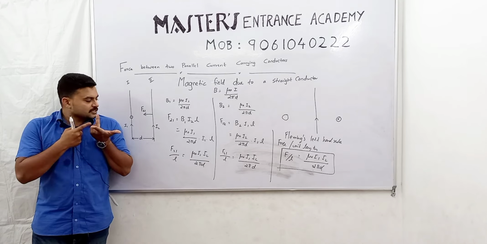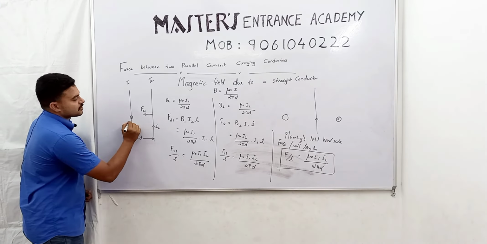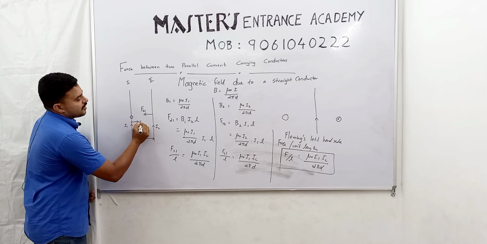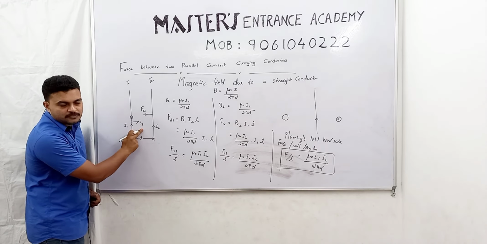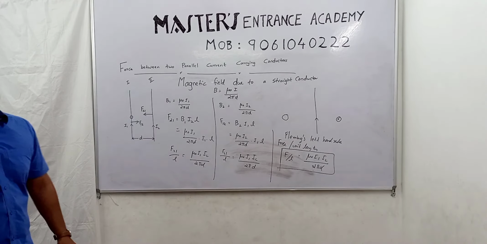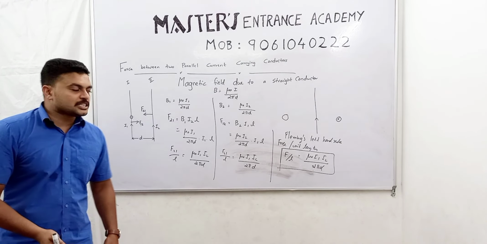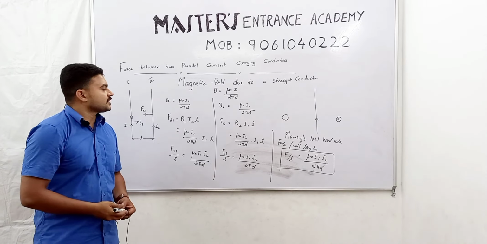Towards the right. So the first conductor will move towards the right. This is F12, the force acting on the first conductor due to the magnetic field of the second conductor. That means when the currents are in the same direction, the force will be attractive, and when they are in opposite directions, the force will be repulsive. That's all. Thank you.